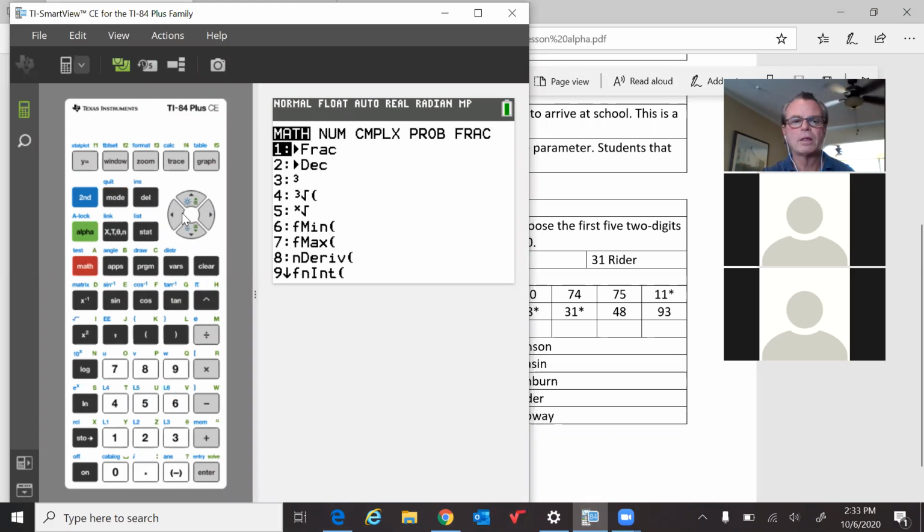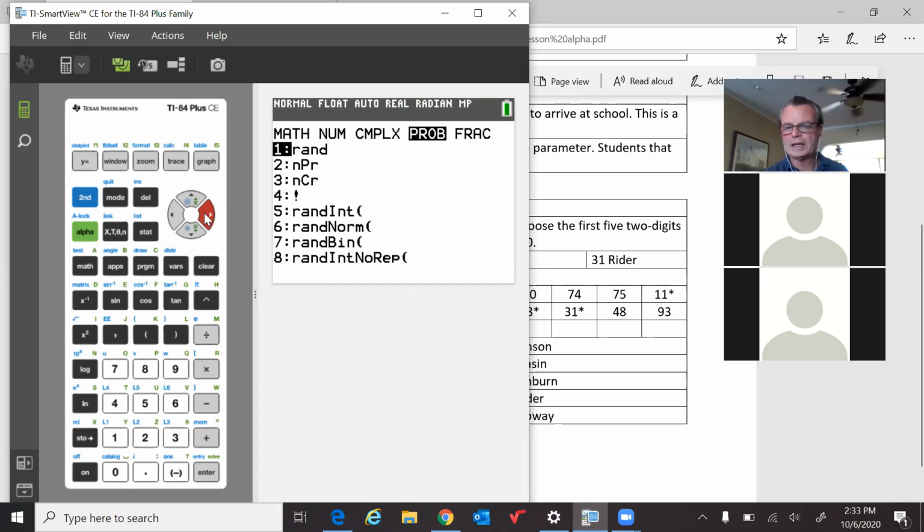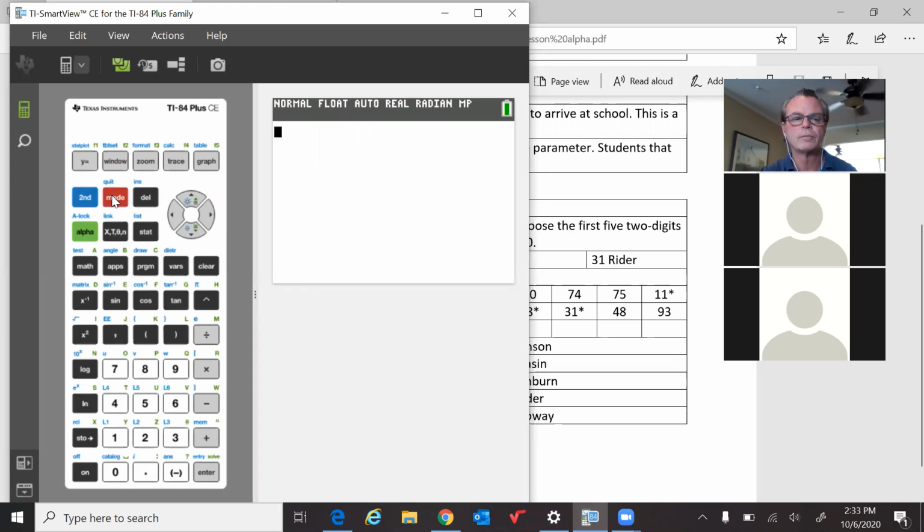I go to Math, PRB. Now, this is a newer calculator. You've got this. 5 is a random integer generator, and 8 will be without replacement. Well, before we do that, let's do this. Everybody go here.